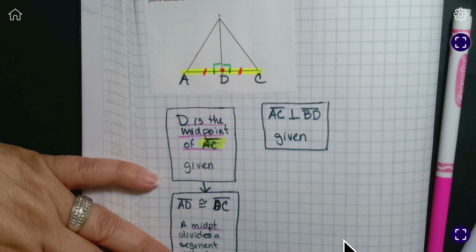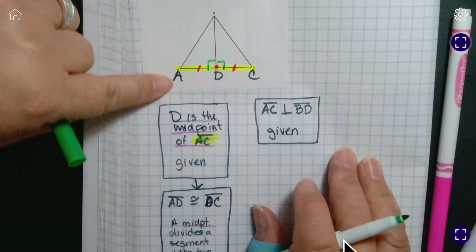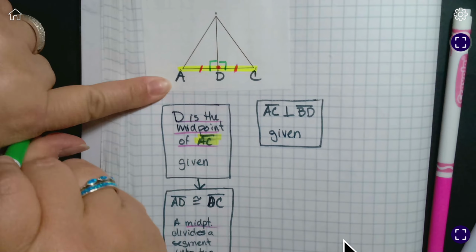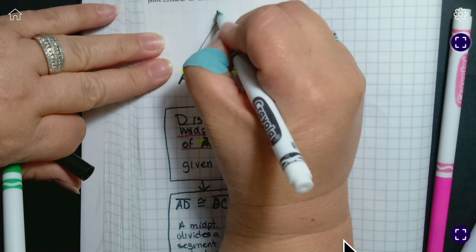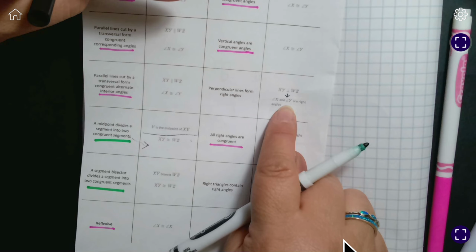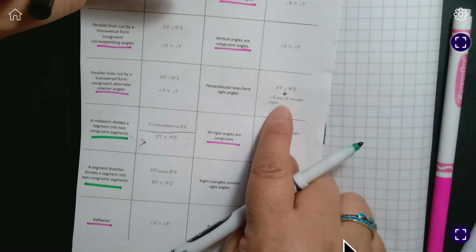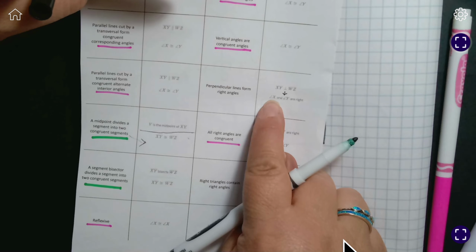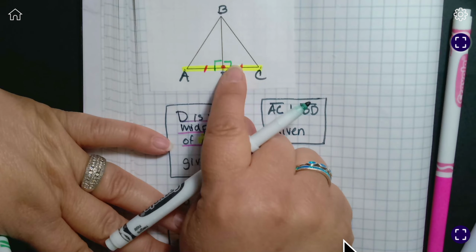Are we good? I know this is angle X and angle Y. It says that these are right angles, and there's only one letter, but you can't use angle D because there are two of them.